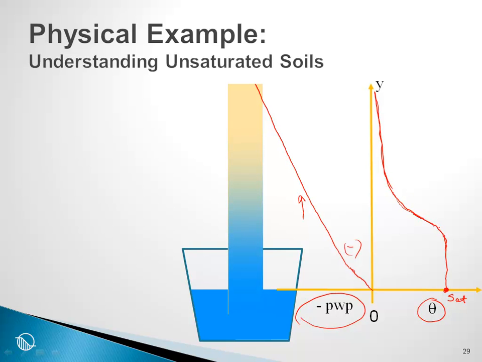And we saw this with the paper towel that was sticking up in the cup of water. Now, if you turn your head, this is a reflection of the shape of the volumetric water content function. So this is the capillary zone.